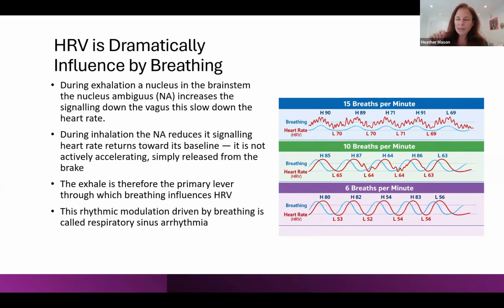It will always lead to some slowing, but that slowing can be greater or lesser. Now, during the process of exhalation, the nucleus ambiguus increases the rate of signaling through the vagus down to the heart so that more acetylcholine is released and the heart rate is slower.